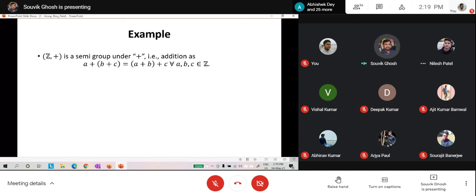So there is one example. We know that in the set of integers, the operation addition holds the associativity property. If we choose three elements a, b, and c, and we operate b and c first, that is b plus c, and then add a, we have a plus (b plus c). If we operate a and b first, that is a plus b, and then add c, we get (a plus b) plus c.